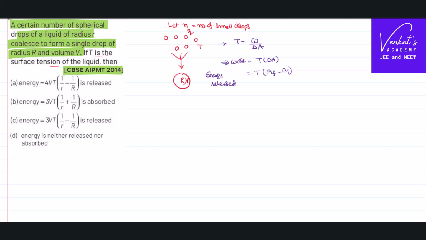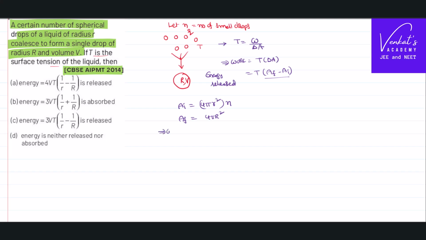Then what is that A initial? Let me write these values. Area initially for one small drop, being a spherical drop, is 4 pi r square. There are n drops, so the small area is 4 pi r square into n. That is the initial area of the system. Area finally, when the small drops are combined into a big drop of radius R, is 4 pi R square.